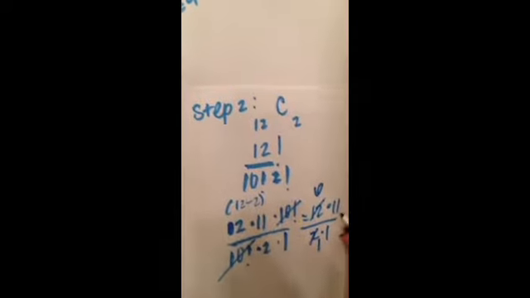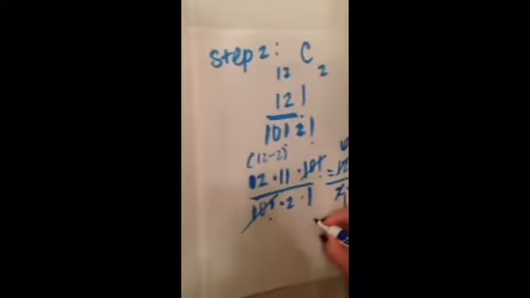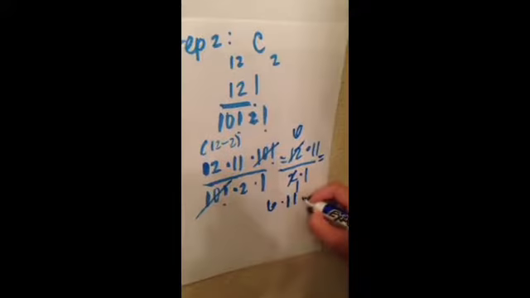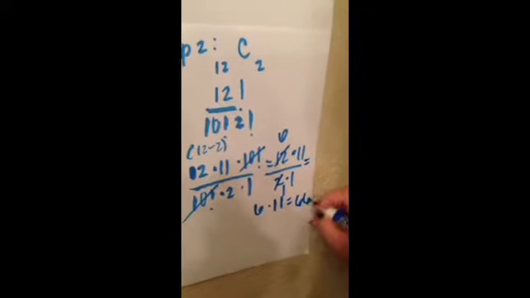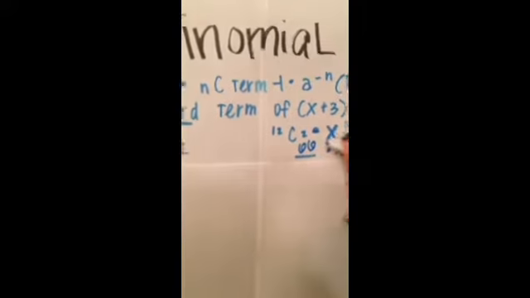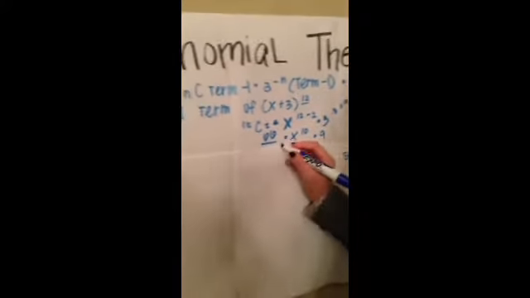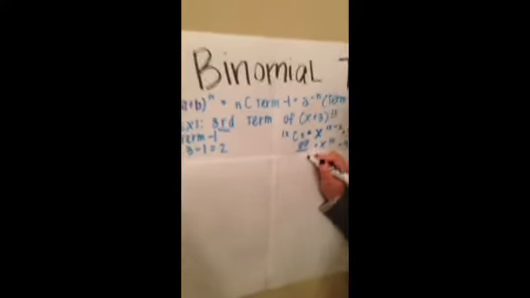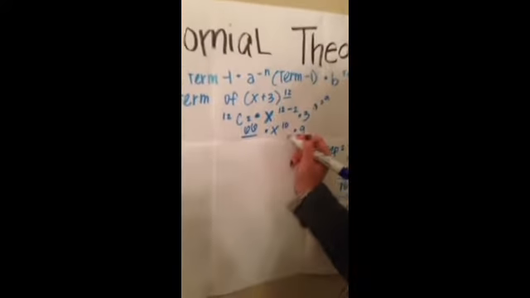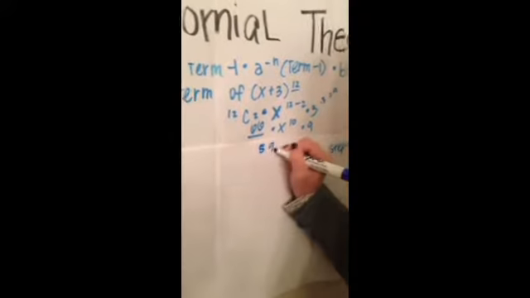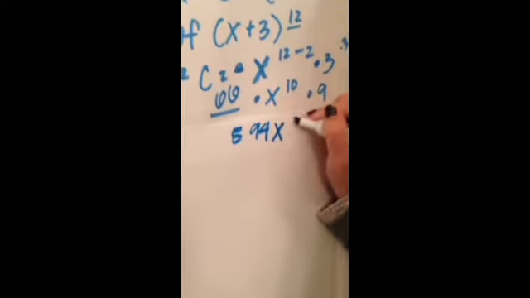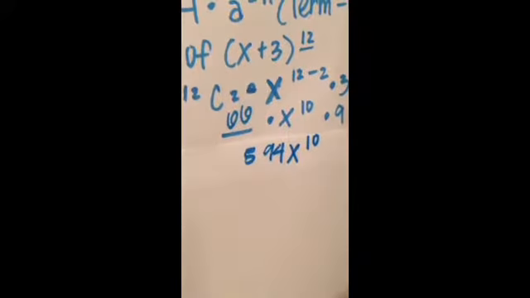So now this turns into 6 times 11, which is 66. And now we're going to bring this all the way over here and plug it in. And so 66 times 9 is 594 x to the 10th power.